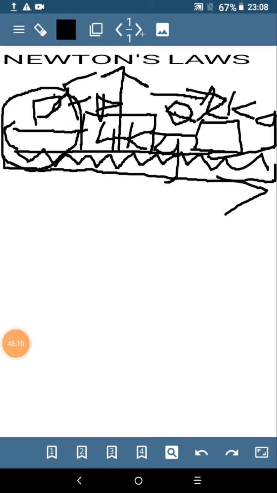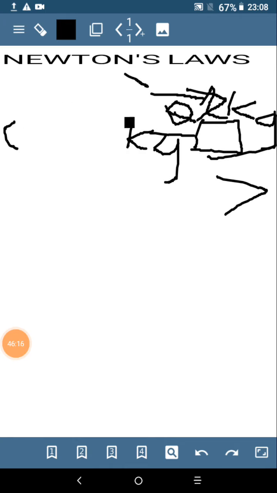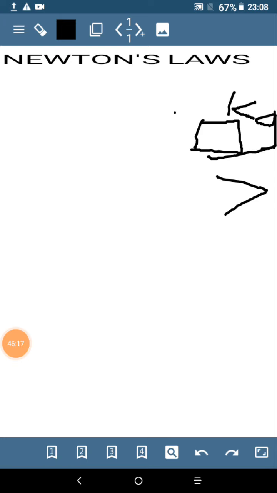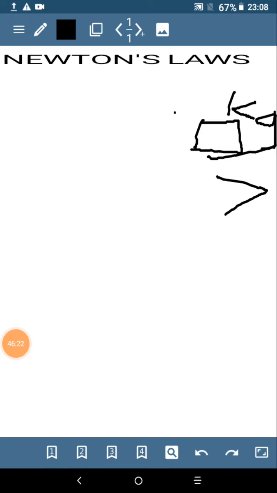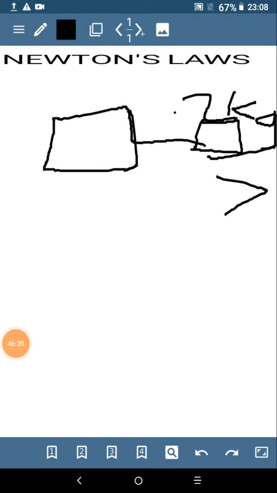So I want us to come to that 2 kg. If you were told to draw a free body diagram of that 2 kg, you will first have to identify all the forces.